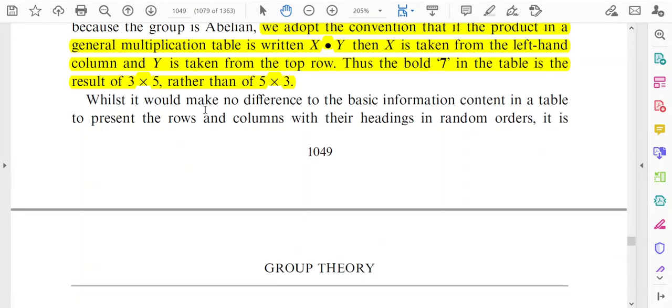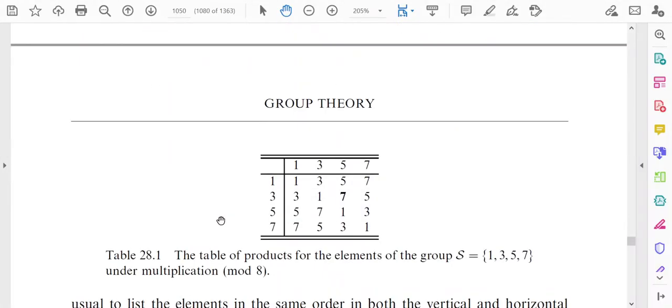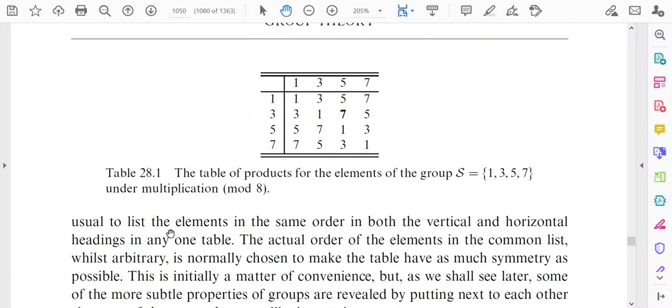Whilst it would make no difference to the basic information content in a table to present the rows and columns with their headings in random orders, it is usual to list the elements in the same order in both the vertical and horizontal headings in any one table.